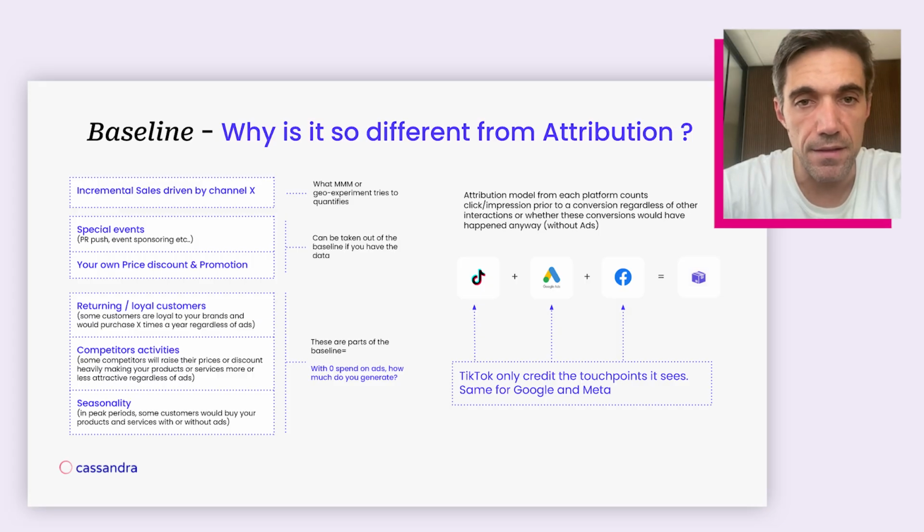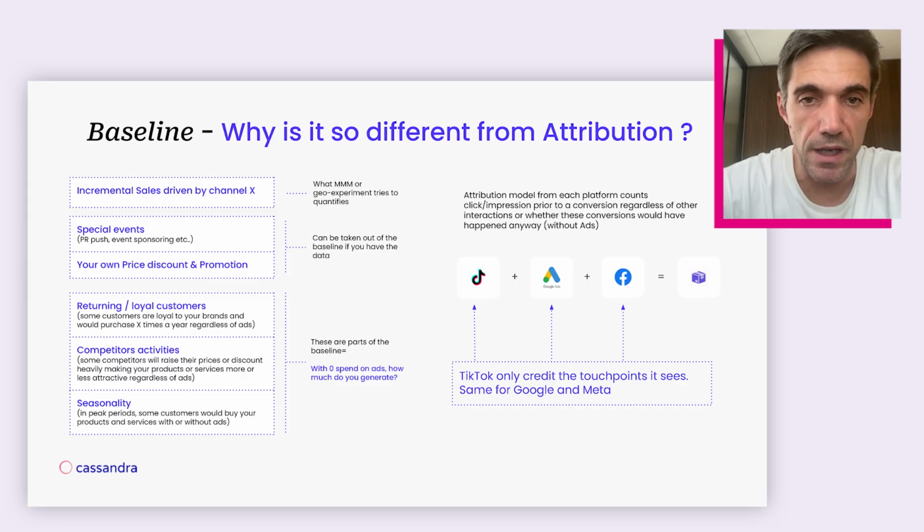On the right-hand side, we're looking at relatively basic attribution models that most of the platforms are utilizing nowadays. They don't have this concept of baseline because all they do is count touch points prior to a purchase. Whether that touch point is driven by an incremental buyer or is an incremental sale is not relevant. They cannot distinguish whether this is incremental sales or simply sales coming from returning or loyal customers or a function of seasonality, for instance.